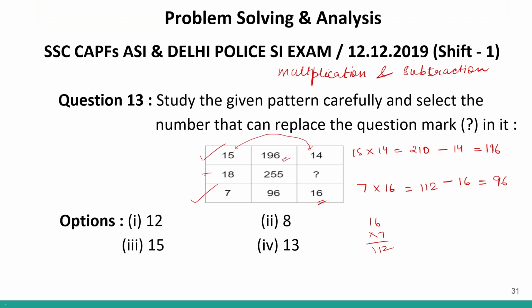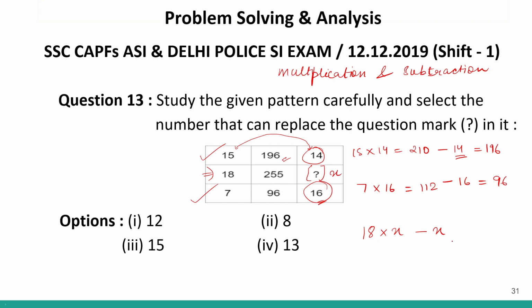So, let us do the same logic for over here. Now, in this question, let us say this is x. We are assuming that this is x. So, 18 into x minus x. Because we reduced this number, we subtracted this number, right?